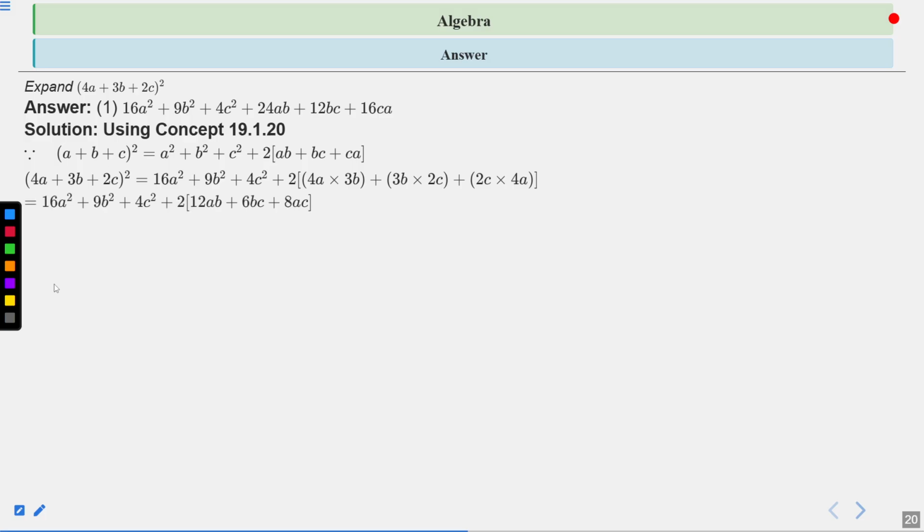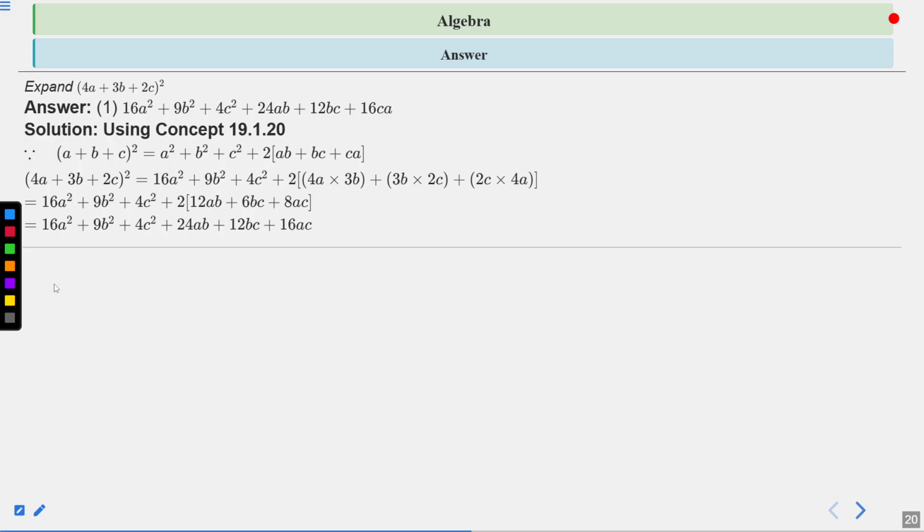Simplifying, we get 16a square plus 9b square plus 4c square plus 2 multiplied by (12ab plus 6bc plus 8ac). Multiplying by 2, we get 16a square plus 9b square plus 4c square plus 24ab plus 12bc plus 16ac. So the first one is the correct answer of this question.